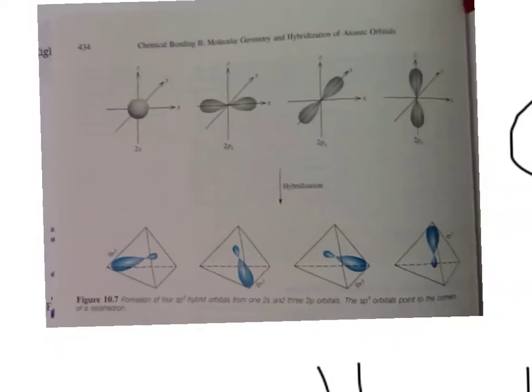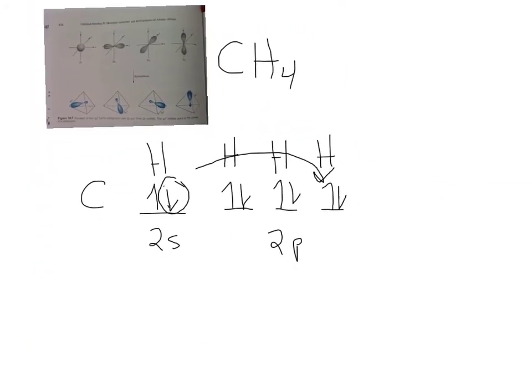The bond angles in a methane molecule, we know, are 109.5, not 90 degrees. So valence bond theory doesn't really explain the bond angles very well.